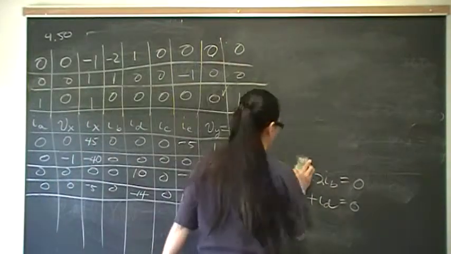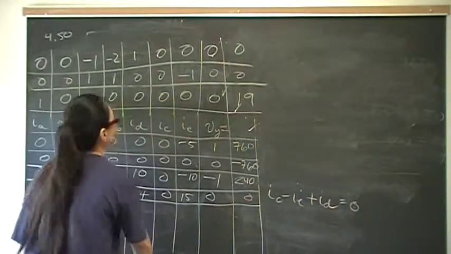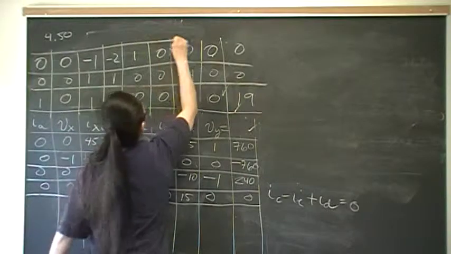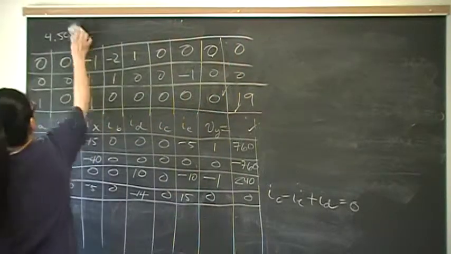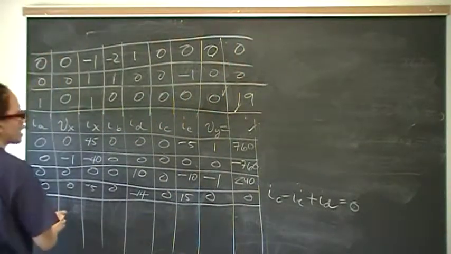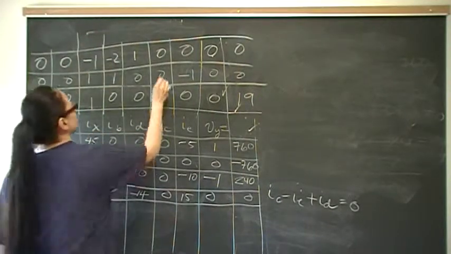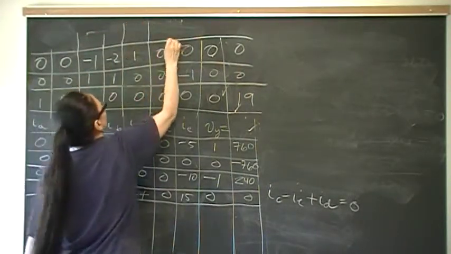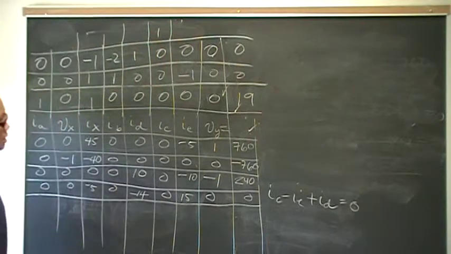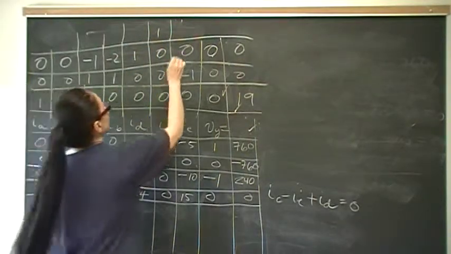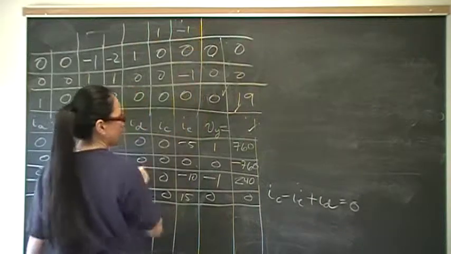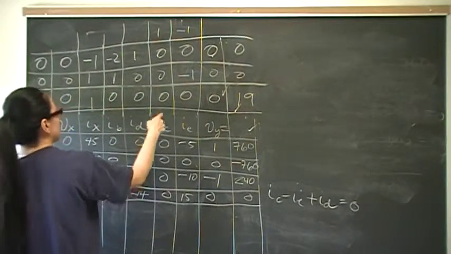So that's that equation. And then the last one we got is 1 IC, negative 1 for IE, and then positive 1 ID.